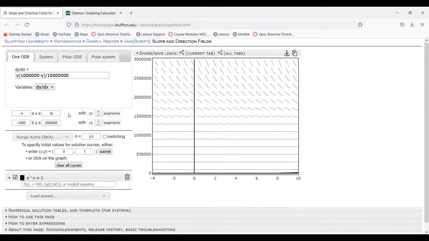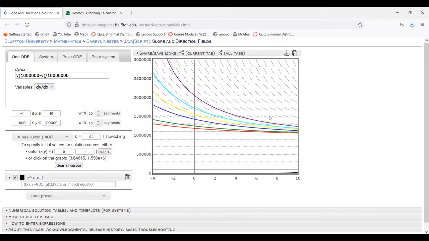Let's analyze the behavior. So around 1 million, this is the behavior that we see in the slope fields. As you can see, they are converging to 1 million.